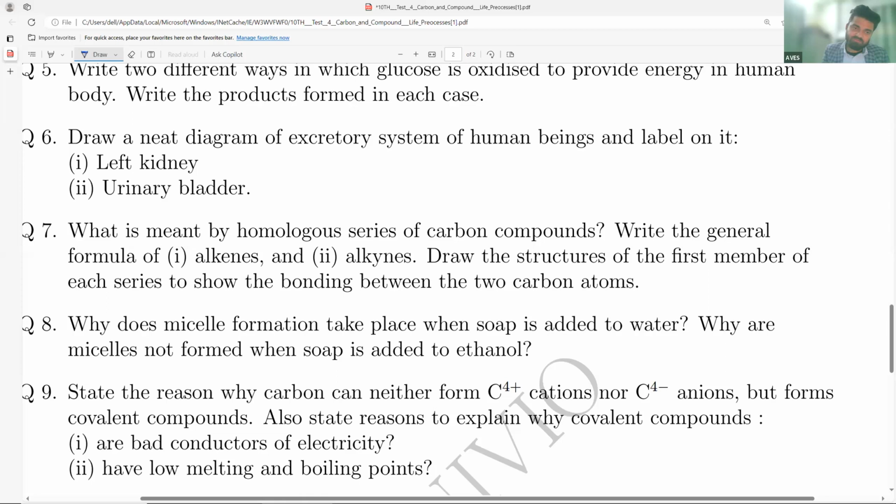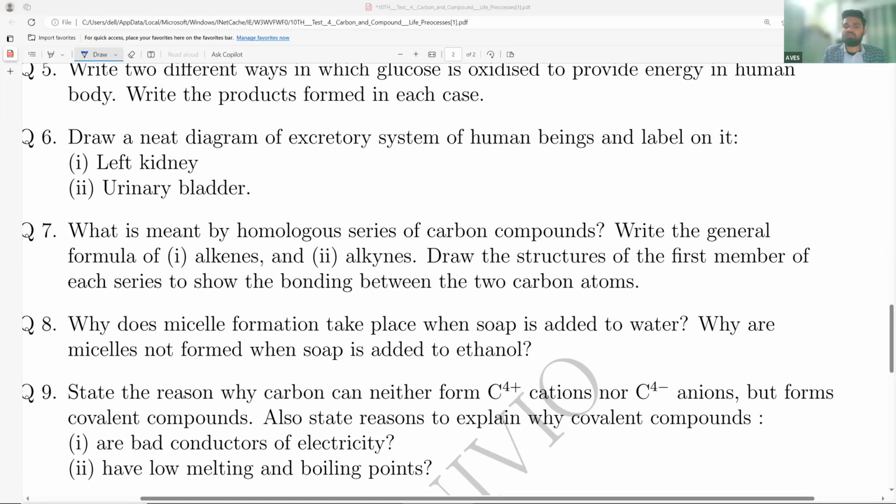If I take C3H6O and C4H8O, and the structures are given like this and like this, the condensed formula for this one will be C4H8O.